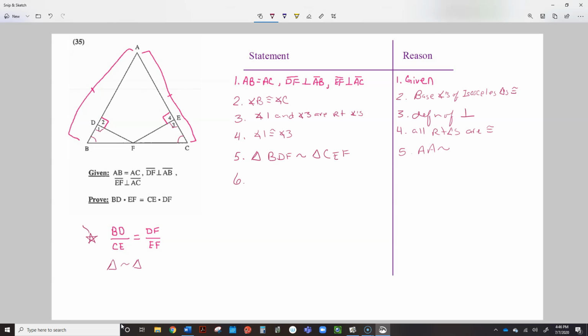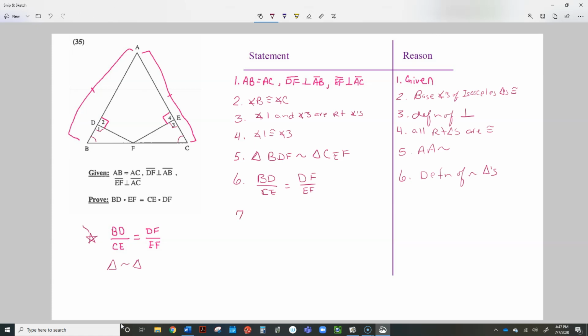Since these are similar, I can write this ratio, BD over CE is equal to DF over EF. And what is this? Corresponding sides of similar triangles are proportional. What is that definition of similar triangles? Definition of similar triangles.